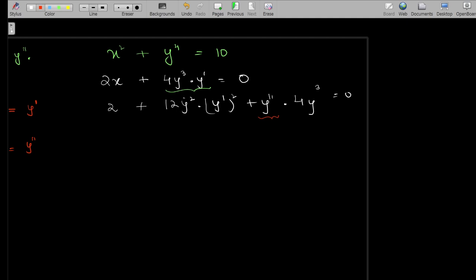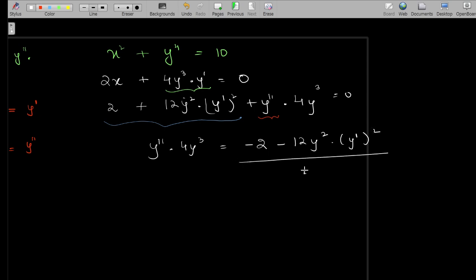Okay, so you're saying that first you want to take these terms on the other side. Yes. So y double prime times 4y cube is equal to minus 12y square times y prime square, and then we divide this by 4y cube.